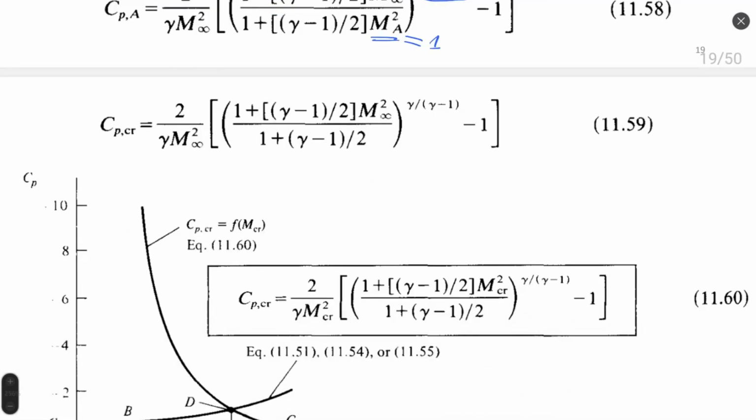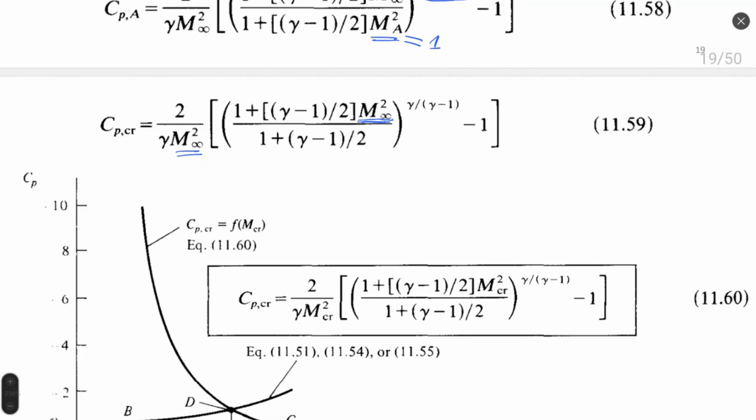Plot of the equation. Instead of M infinite, we call this Mach number M critical, and this is equation 60. It is absolutely the same equation as 58 and 59, where M infinite is substituted by M critical and MA is substituted by 1.